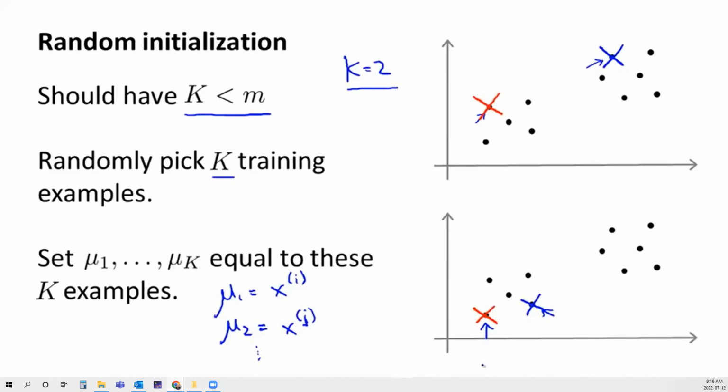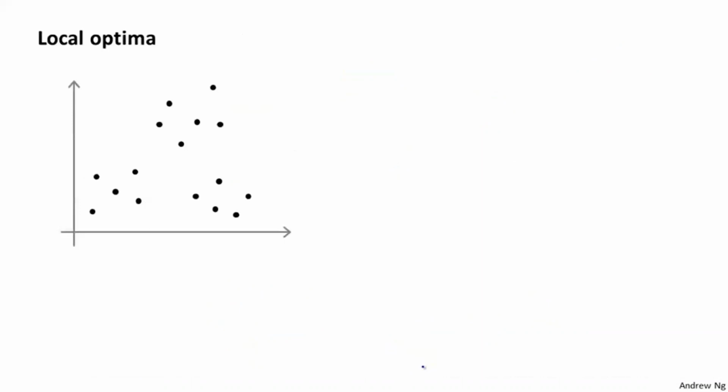As is suggested perhaps by these two illustrations on the right, you might really guess that k-means can end up converging to different solutions depending on exactly how the clusters were initialized. So depending on the random initialization, k-means can end up at different solutions. In particular, k-means can actually end up at local optima.